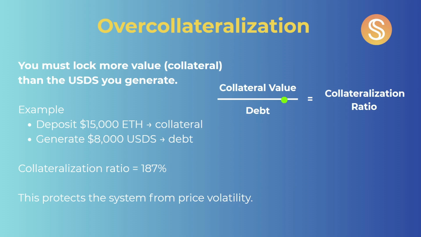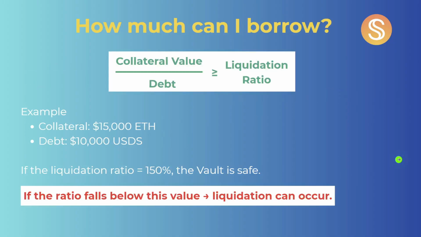Never 100%. This is very similar, but of course, in this case, since crypto is more volatile, there is a higher collateralization ratio.